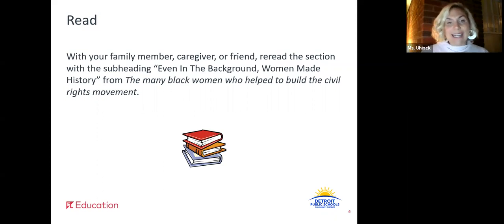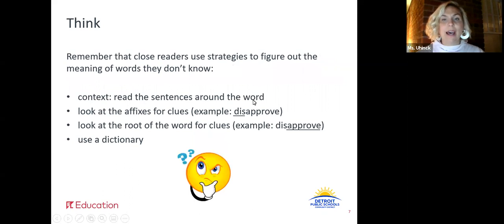All right, great. Now that we've read that text, let's do some thinking. I want you to think about these questions. Before, though, we think about those questions, I do have a reminder for you. Because our learning target today is working around the meaning of general and academic words and phrases in a text, there are some clues, or close reading strategies, that we can use to help us find the meaning of words or even phrases we don't know.